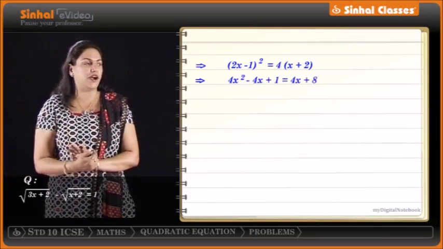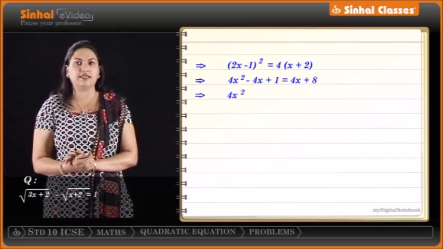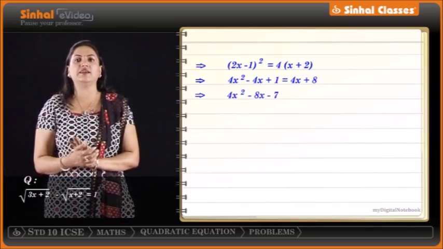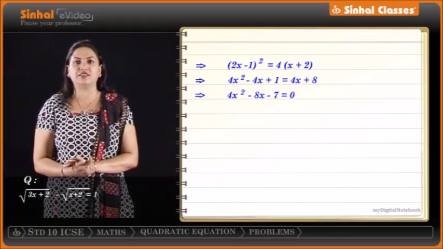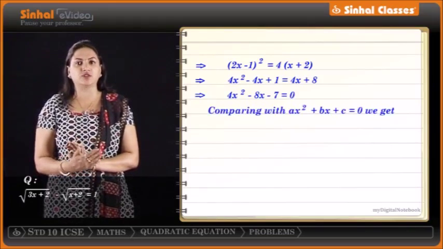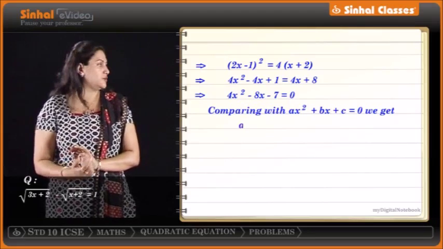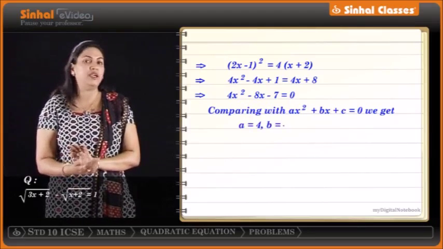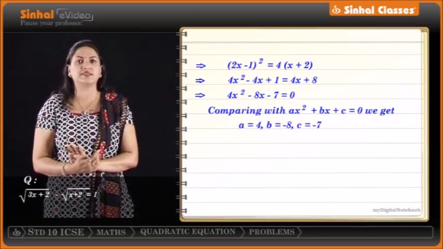Now we simplify and get 4x square minus 8x minus 7 is equal to 0. Now we have the quadratic equation. We compare this with the standard quadratic and get the values of a, b and c. Here a is equal to 4, b is minus 8 and c is minus 7.